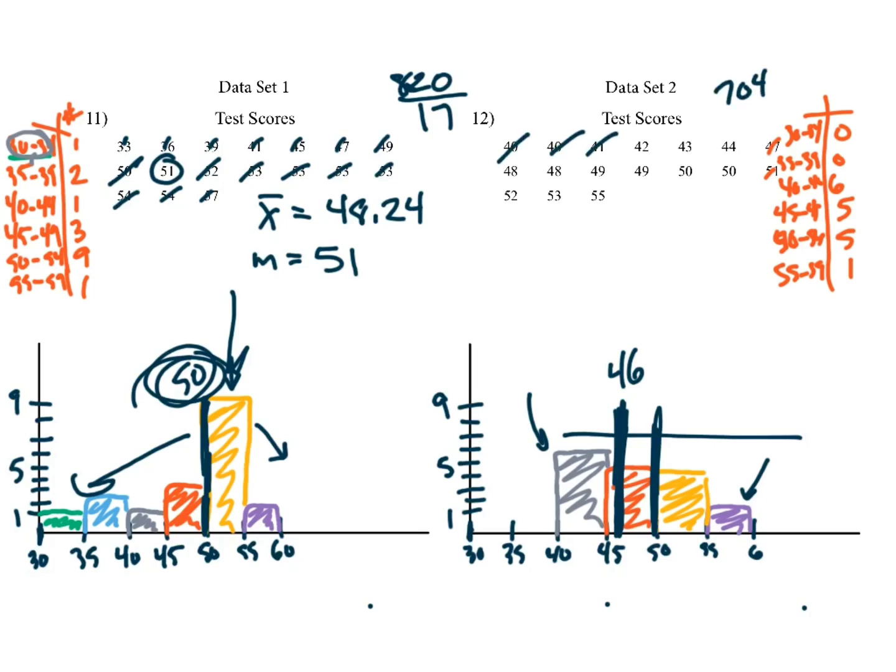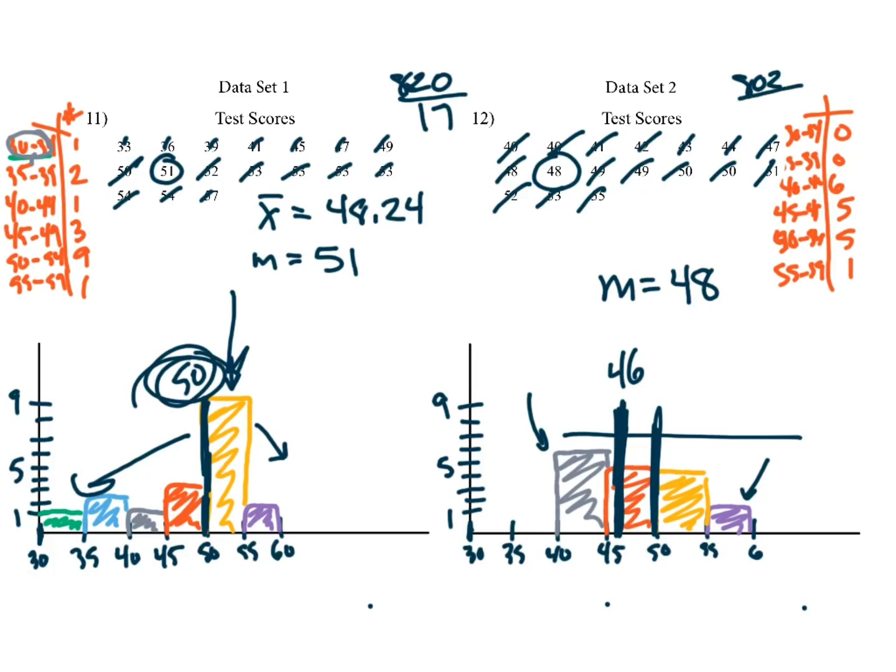Oops, I left off 2 numbers, didn't I? So that is actually incorrect. I need to add 47 plus 51. So it's 802. So there's 7, 8, 9, 10, 11, 12, 13, 14, 15, 16. There's our median.